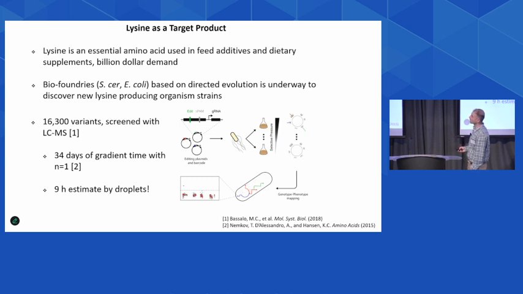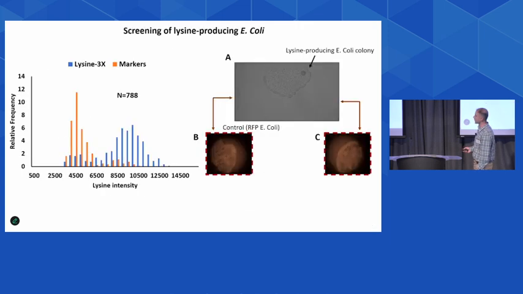To conduct this campaign, 16,000 variants could be screened with the LCMS, and that would take 34 days to complete this evolution cycle, whereas with droplets it would take 9 hours. So this was a good case to test our technique and evaluate its strengths.